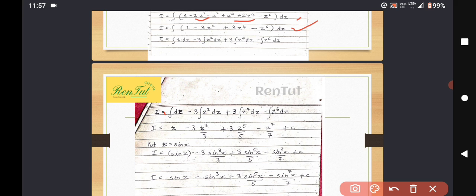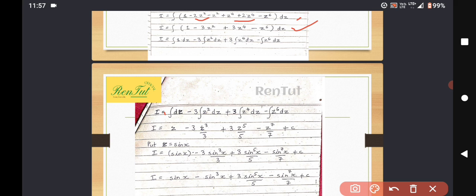After this step, what we need to do is see outside the bracket. The integration sign is applicable for 1 dx, and it will be multiplied with each and every term: with the first term, the second term, the third, and the fourth term.